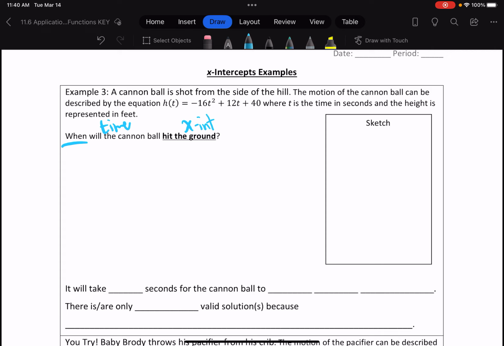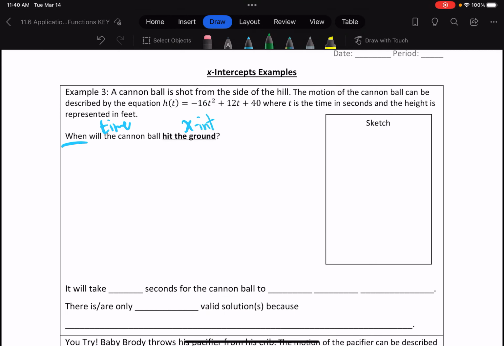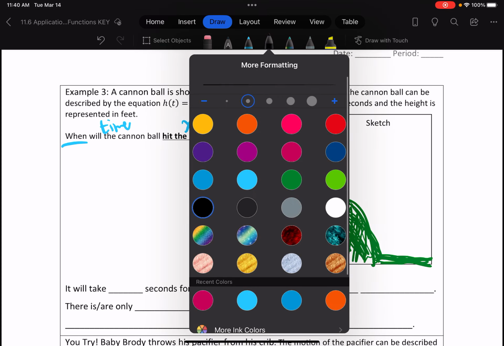So I need to sketch this out to start with. So I know we're on the side of a hill. And granted, my hills don't look great, but it's fine. And it's going to go off into a flat land. So we've got our hill, and our cannonball is on this hill.